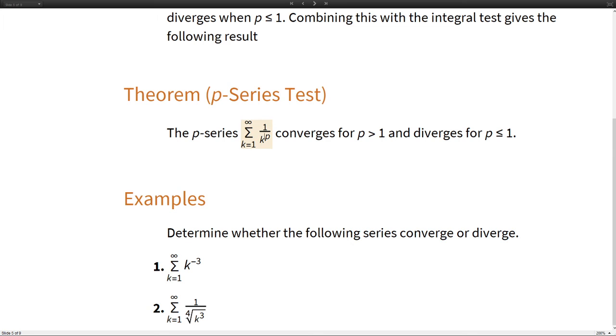If we look at the second one, the fourth root of k cubed, if we rewrite that as a single exponent, that's going to be 1 over k to the 3/4 power. 3/4 is less than 1, so that second series has to diverge by the p-series test. So that's a wrap up to this. I know it's a bit of stuff going on in this particular video, but it's a pretty important test.